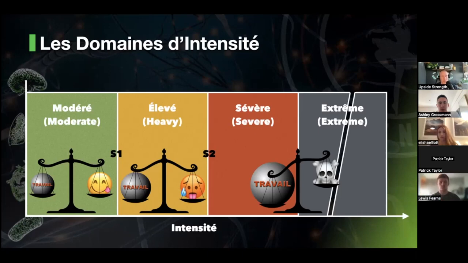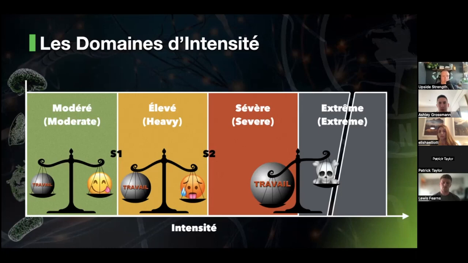Then we go to the second threshold, the transition from heavy to severe. Now the work is no longer sustainable. We can no longer maintain it. We can no longer stabilize our internal state. So we lose that balance internally, and we quickly go towards failure of the task.